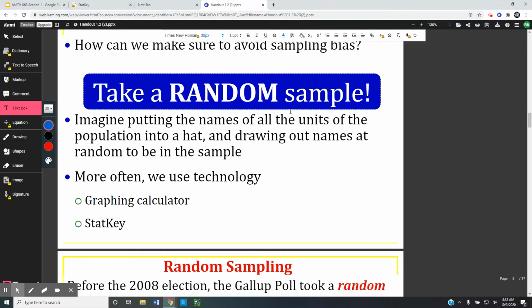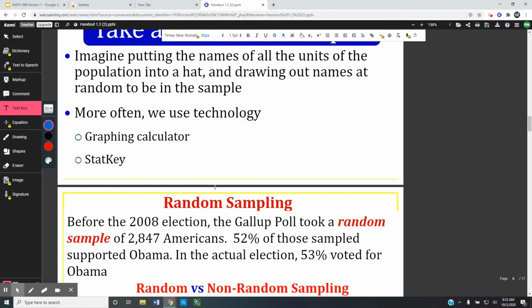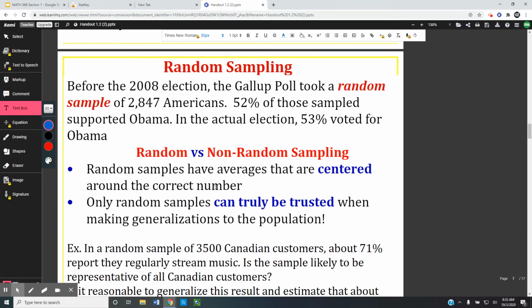When you make that kind of draw, you're giving everybody equal access to being part of the sample. It says more often we use technology. We're going to use graphing calculators and Stack here, because we're not going to be able to put a bag together or a hat together and have everybody draw their name out of it.